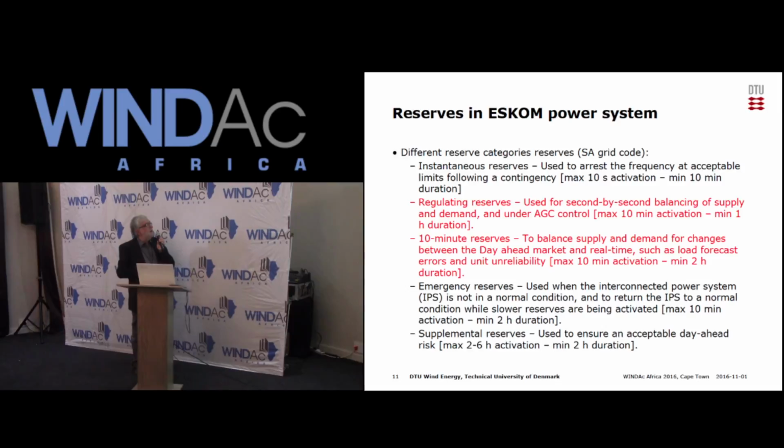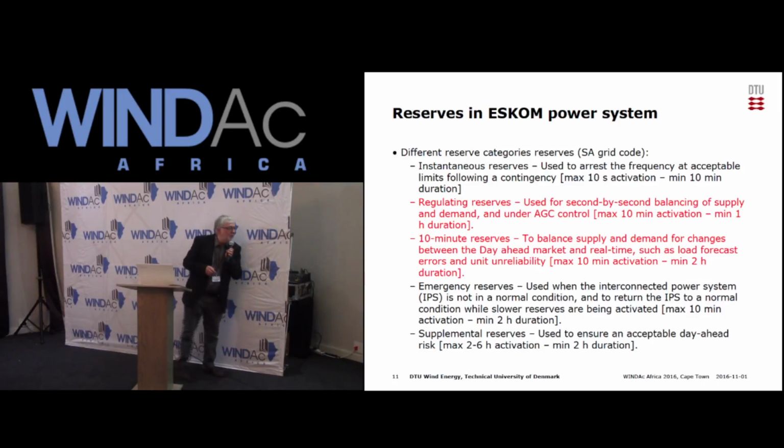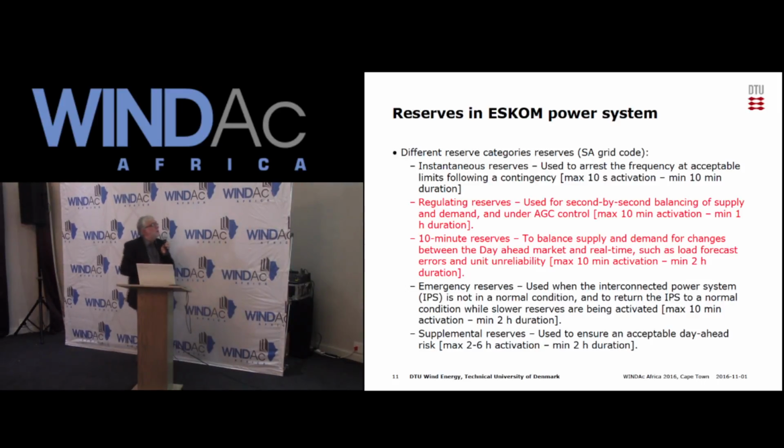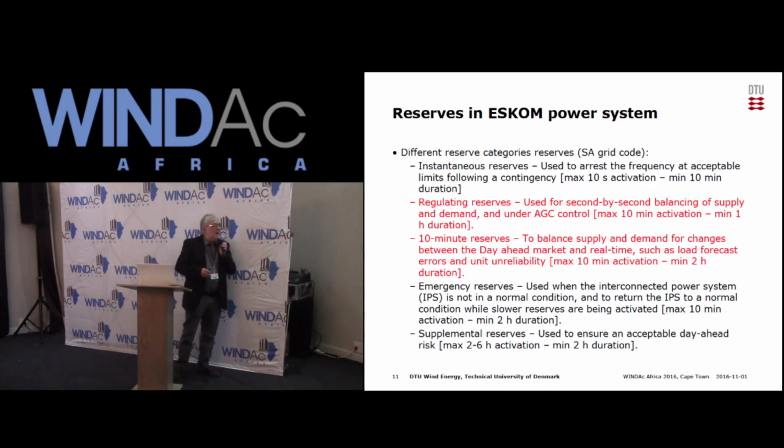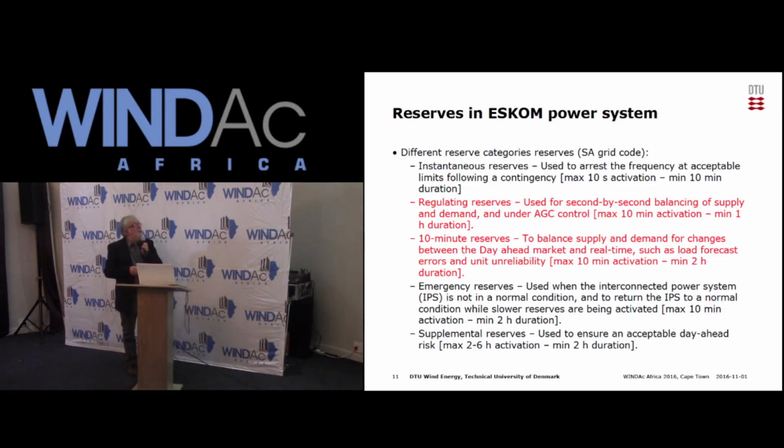There are 5 different categories. The first one is the instantaneous reserves. This is what is very often referred to as primary reserves. That's where you have the governor response, which is maximum already after 10 seconds, so this is very fast response. This category should not really be affected by variability in wind, because wind is varying relatively slow. So we are not really focusing on that.